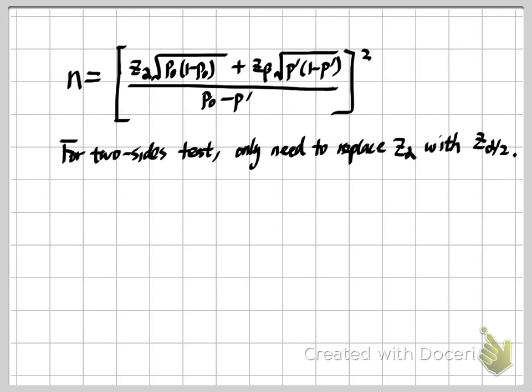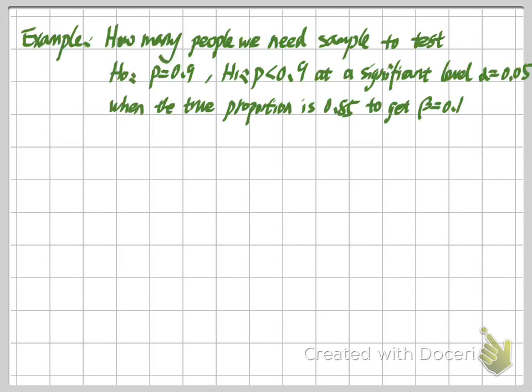So now let me give one example of how we can choose a sample size for a one-side test. In this example, we want to decide how many people we need to test, or in other words, what sample size we need.